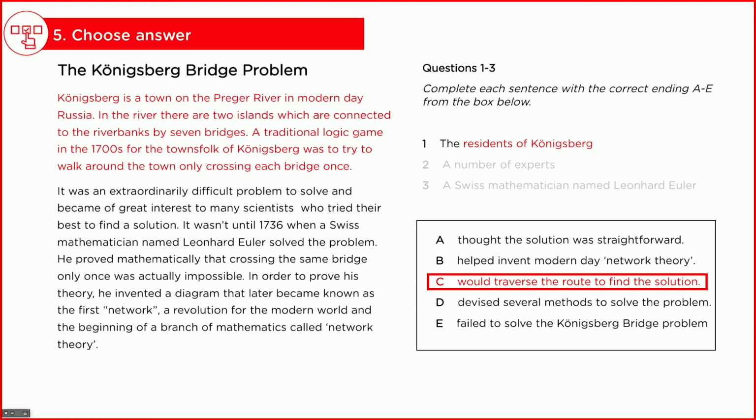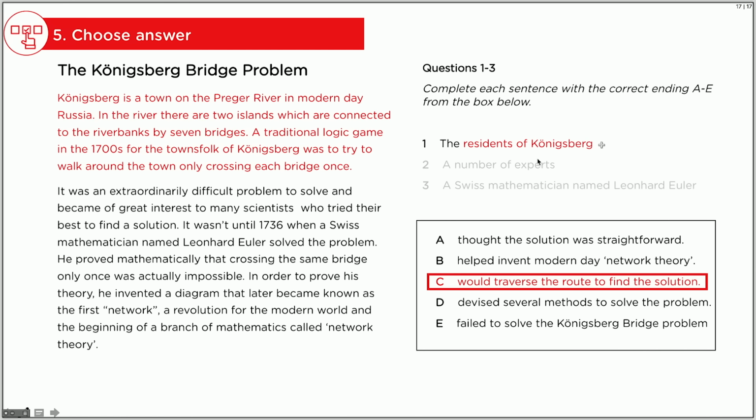The correct answer is C here, and the reason is because the residents of Königsberg would traverse the route to find the solution. Here it says, a traditional logic game in the 1700s for the townsfolk of Königsberg was to try to walk around, traverse the town, only crossing each bridge once. So basically that says the same thing as this. Cool bananas, I think you've got it.